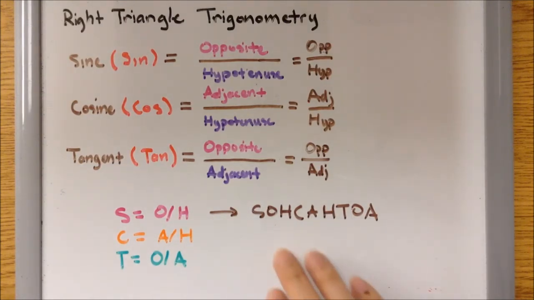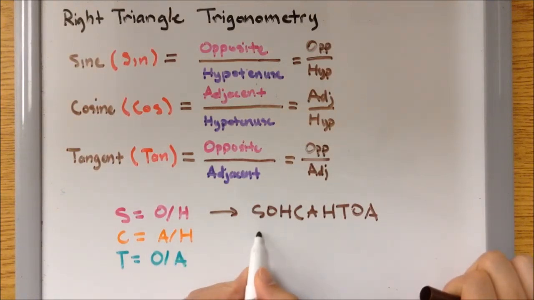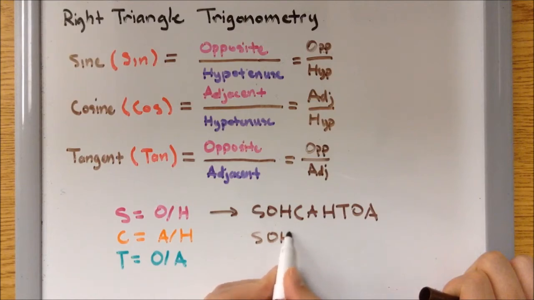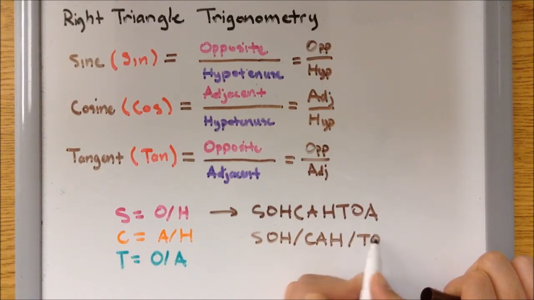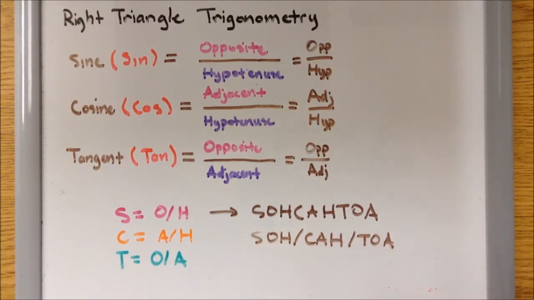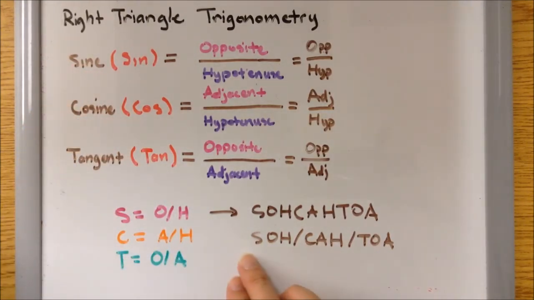So, if you memorize this, or in this form, then this will help you identify the definition for sine, cosine, and tangent. Just simply writing this out can help you remember everything.